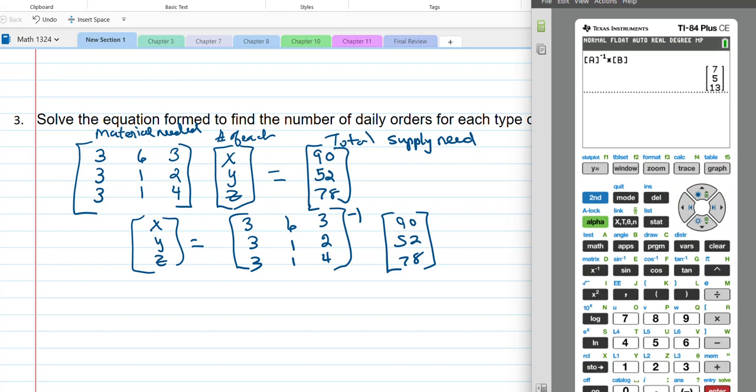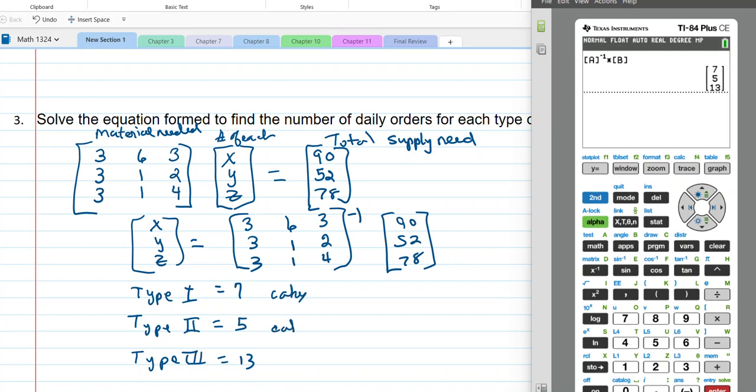We enter. 7 cakes of type 1, type 2 was 5, and type 3 was 13. 13 cakes.